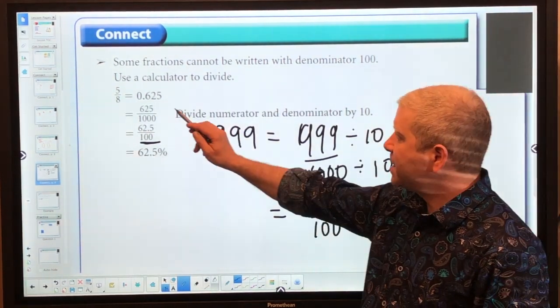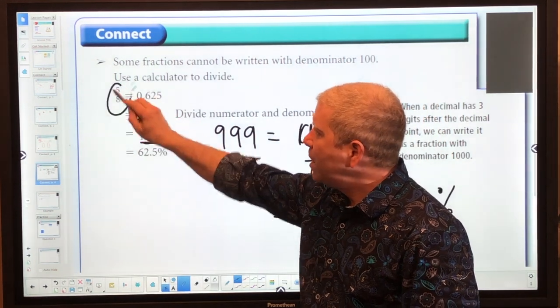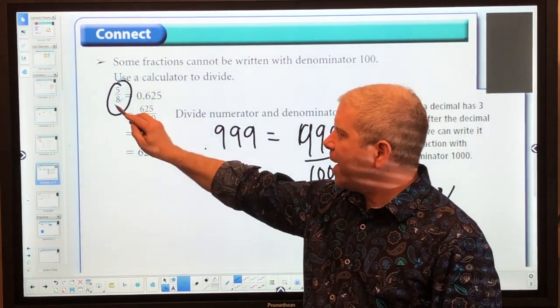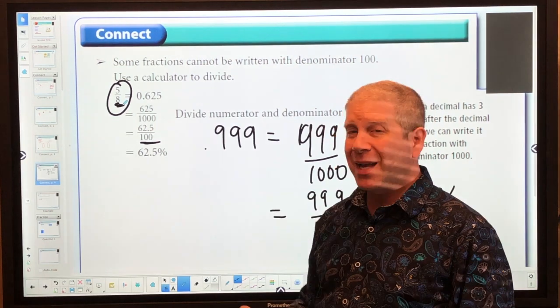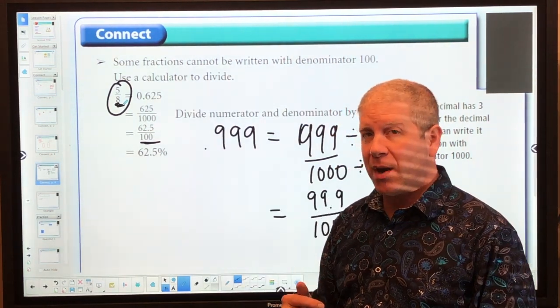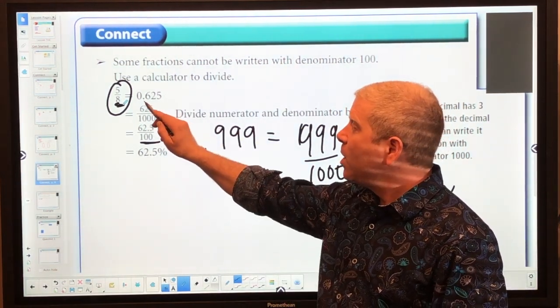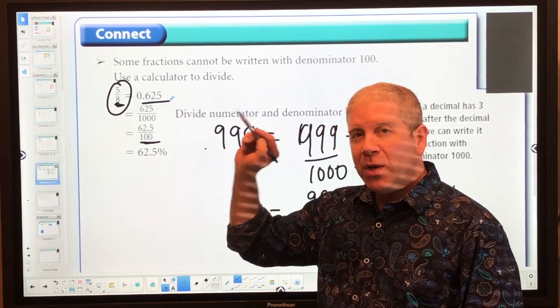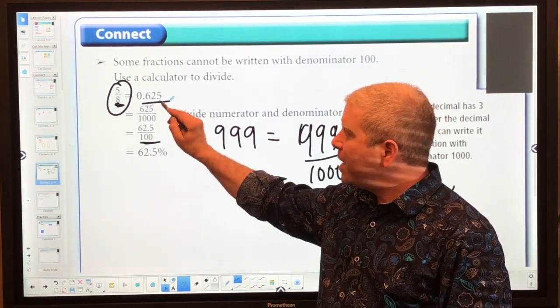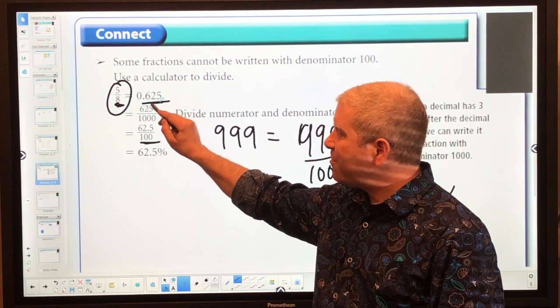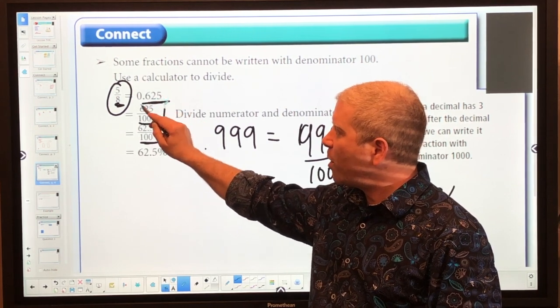Okay, and in this case here, we took a number that we couldn't multiply, 5 over 8. 8 does not multiply by any whole number to get to 100. So we took a calculator, and we got 0.625. We knew that any number with 3 digits after the decimal point can be put over 1,000.